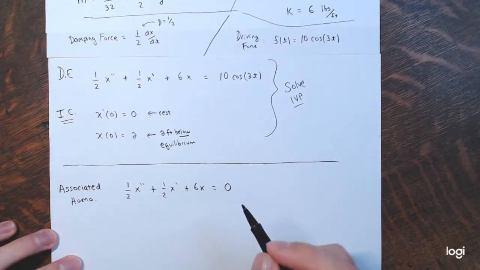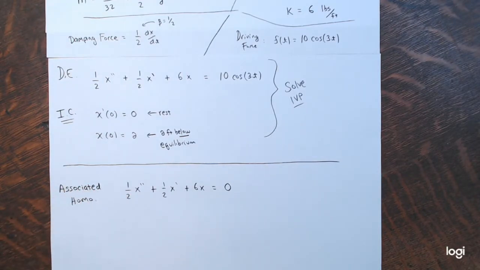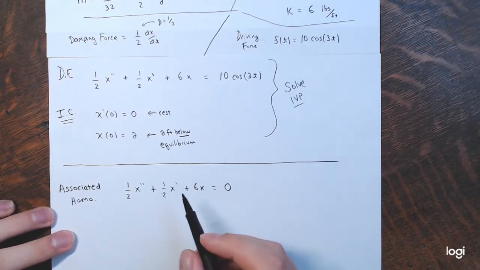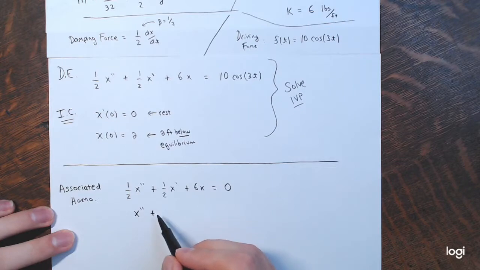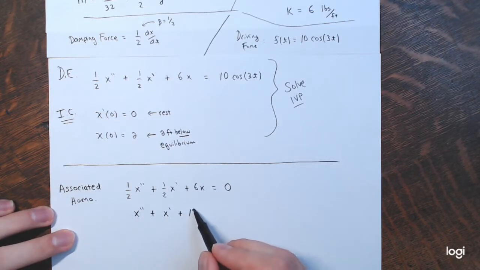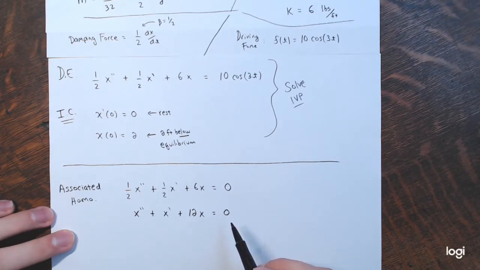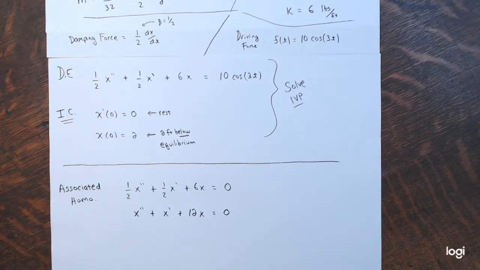And then the general solution to this will be called the complementary function. And hopefully all this sounds familiar. I'm going to multiply through by 2 here, make it a little nicer looking. So x double prime plus x prime plus 12x equals 0. And then we have one of those homogeneous equations with constant coefficients.